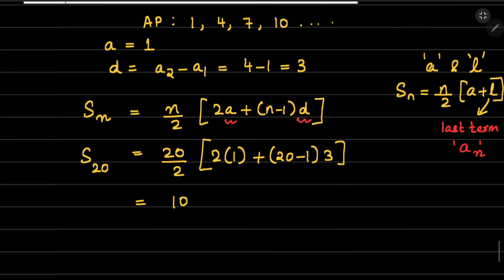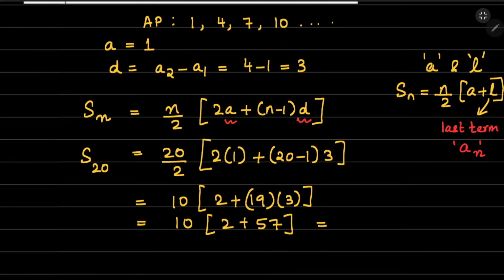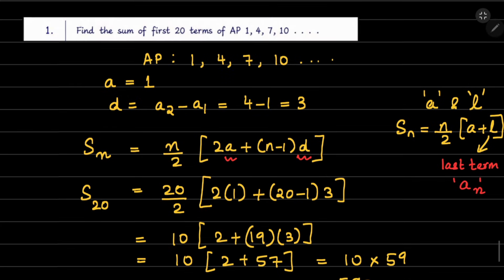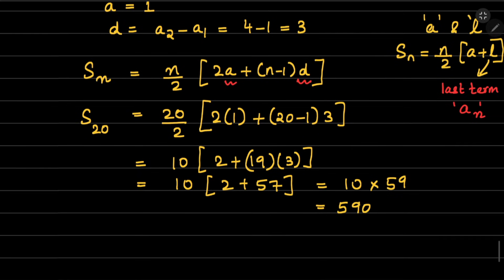So 20 by 2 is 10 multiplied by 2 plus 19 multiplied by 3. So this is nothing but 10 multiplied by 2 plus 57. So 10 multiplied by 59, which is 590. So provided you know the first term and the common difference, you can calculate the sum of any n terms. So therefore, according to this question, the sum of the first 20 terms will be equal to 590, and that's your answer.